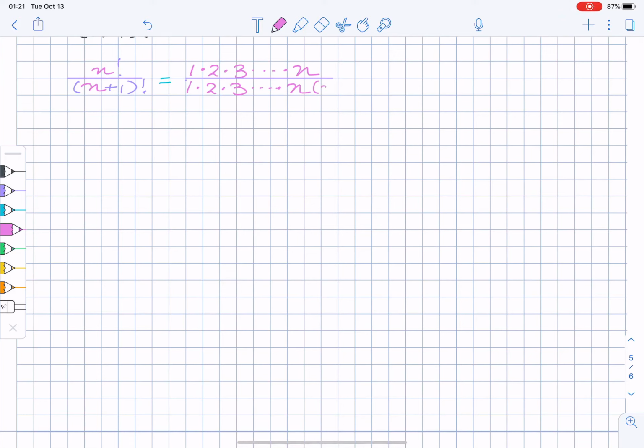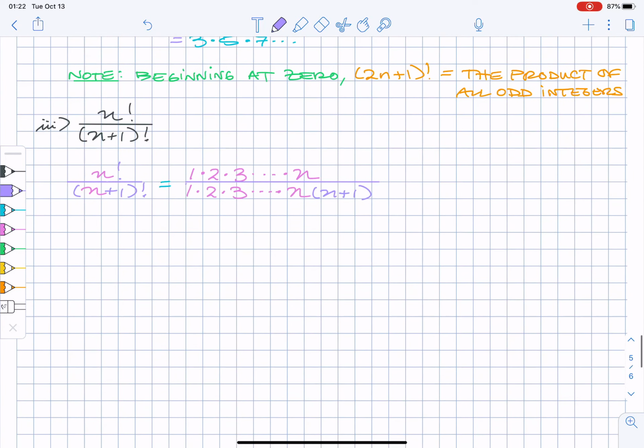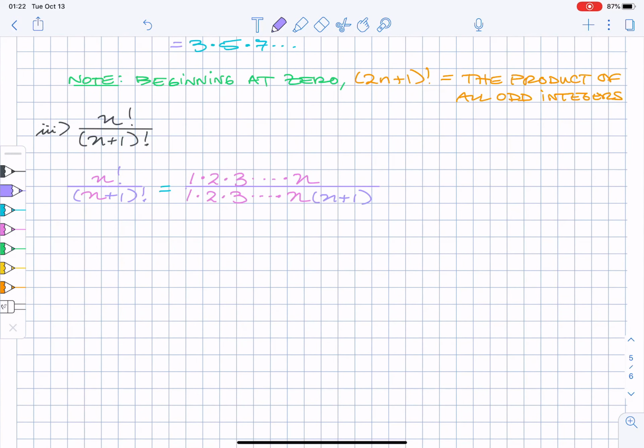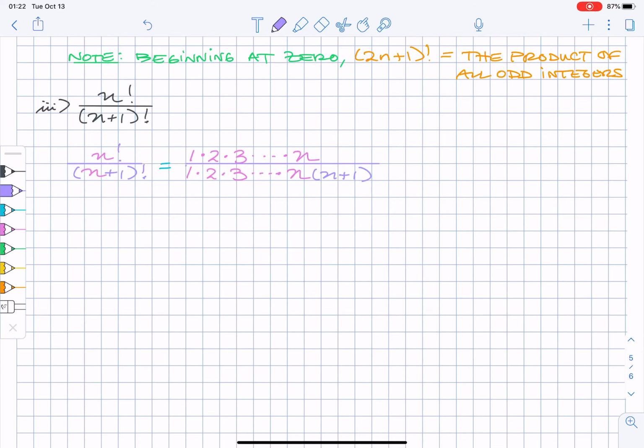So I need to do n plus 1. Let me do that in purple. Okay, so what's going to happen then? 1 will reduce with 1, 2 will reduce with 2, 3 will reduce with 3, n will reduce with n, and all that's left over is going to be 1 over n plus 1.